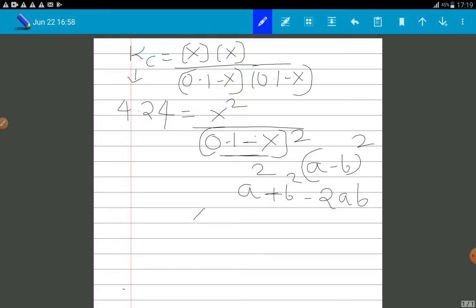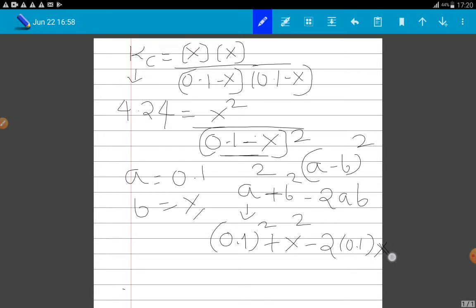In this case, the a value we have is 0.1 and the b value we have is x. Substituting, we get 0.1 whole square plus x square minus 2 into 0.1 into x. Like this you have to go for the simplification.